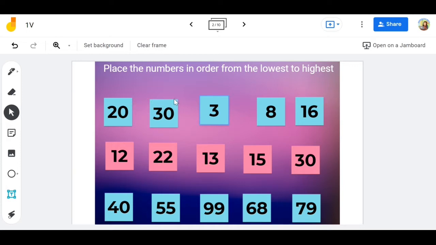If you find that really hard even with one row, then stop. But I think most of you should be able to sort these in order from 0 to 100 without any problems.